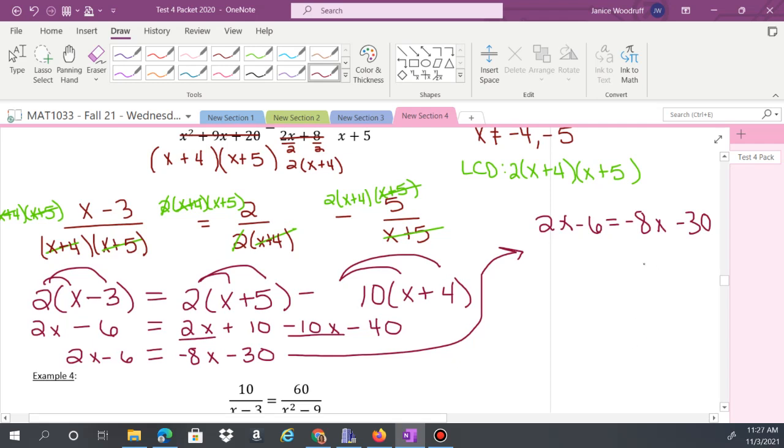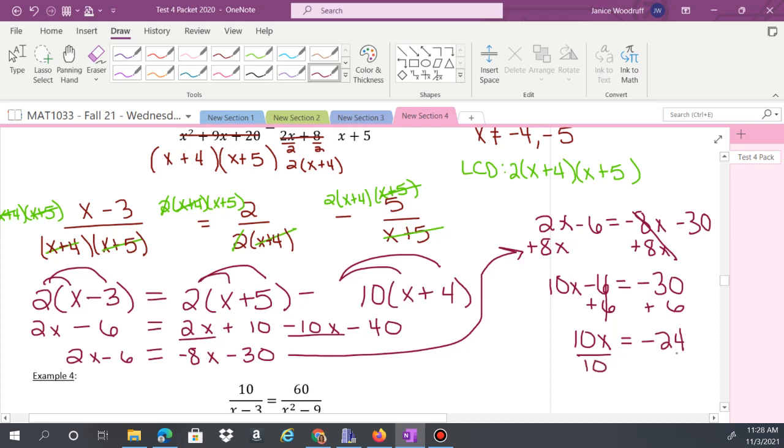And now I'm going to solve. So I'm going to take that negative 8x and I'm going to add 8x to both sides. That's going to give me 2x plus 8x, 10x minus 6. These cancel. Negative 30. Then I'm going to add 6. That's going to give me 10x equals negative 24.